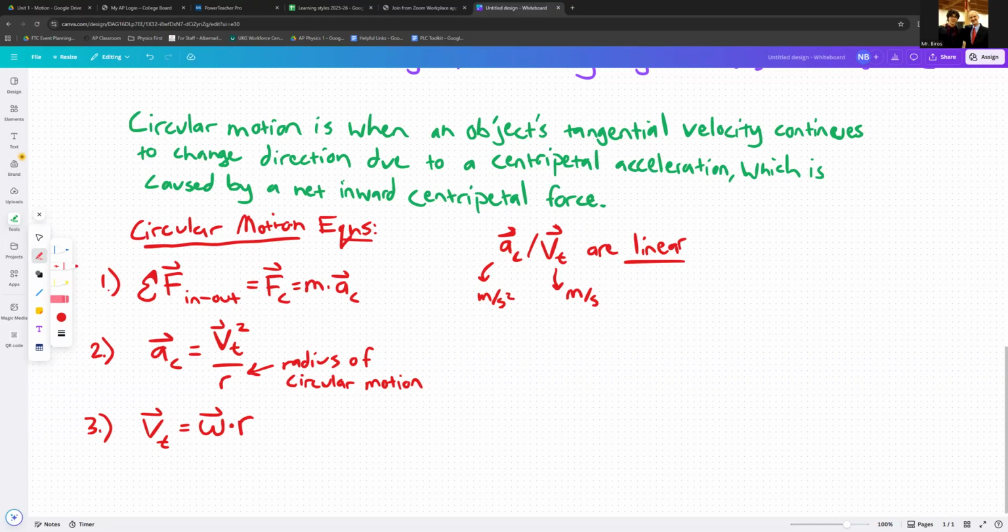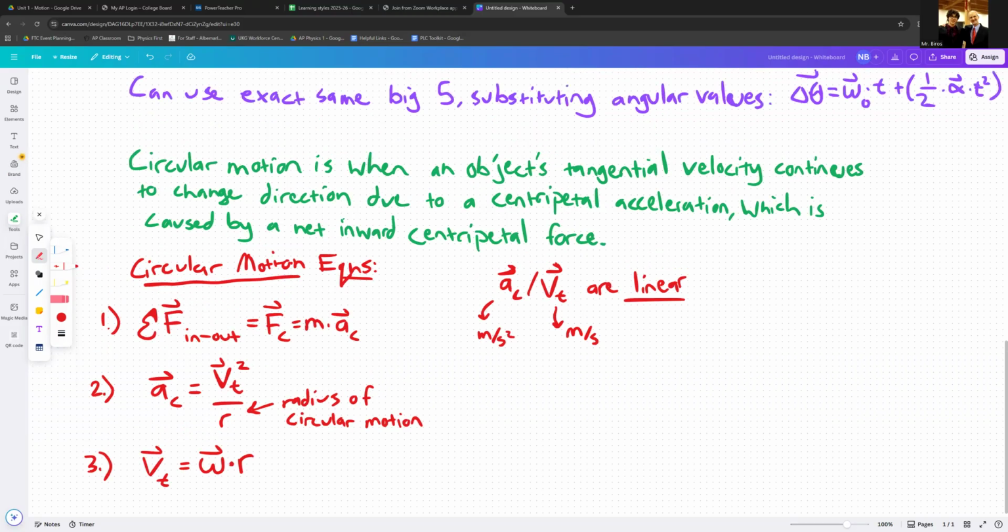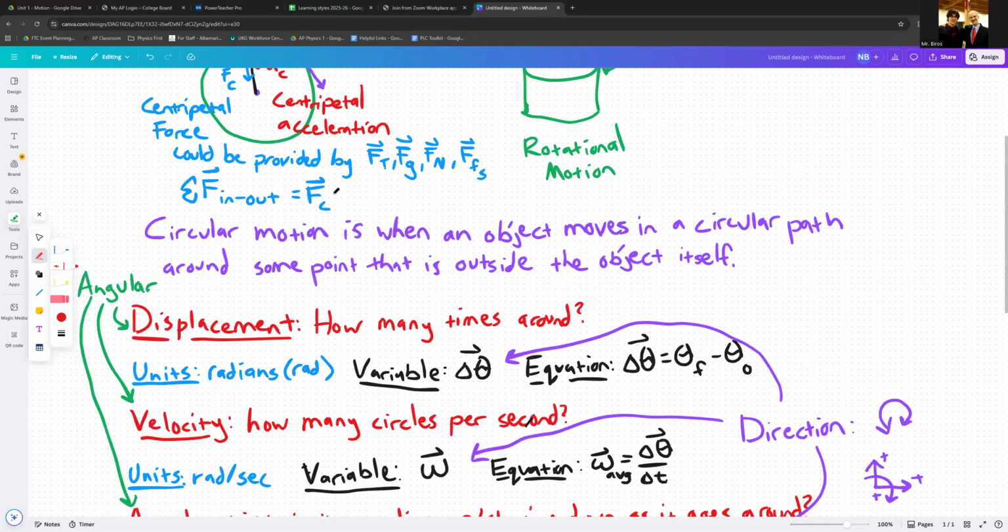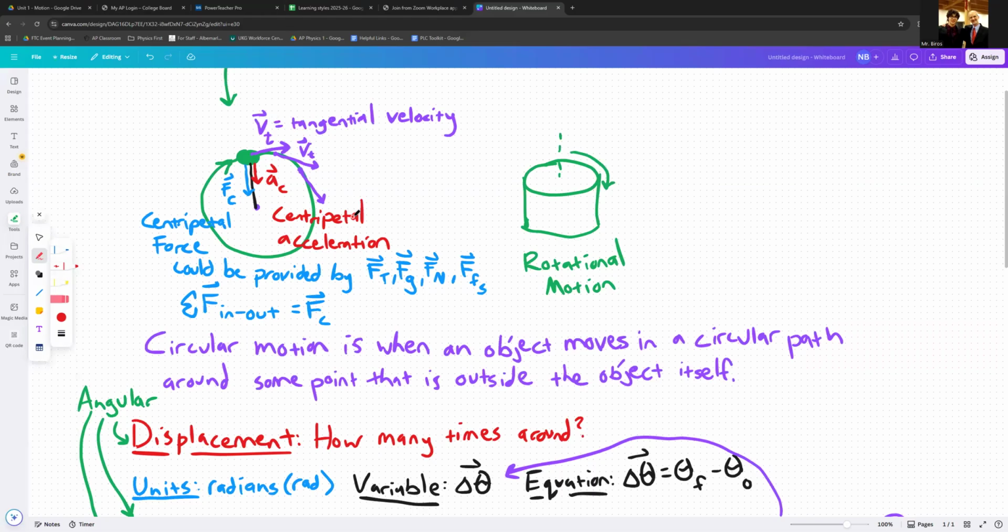Okay, so circular motion can be a weird one. It can be kind of tough to figure out. Most people will get the idea of an object going in a circle, like it's on a string, or it's just going around and around for whatever reason. But to really grasp the idea of tangential velocity, well, what is that?